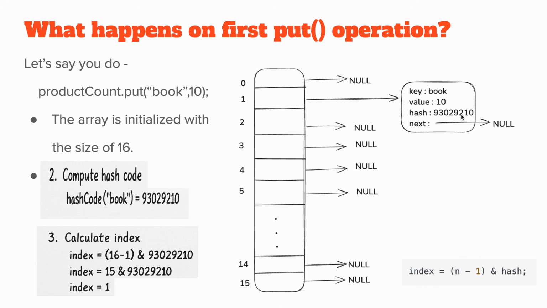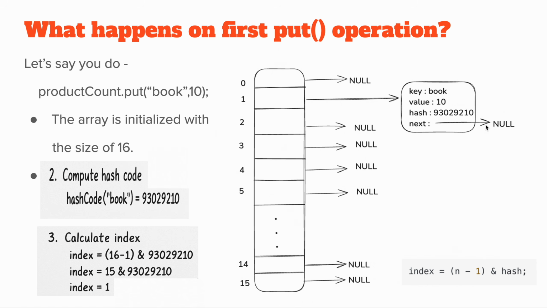We will see in a subsequent slide what happens in case of collision, right? Each node contains four attributes: key, value, hash, and the next pointer. The next pointer will point to the address of the next node. In this case, there is no next node, so it points to null.